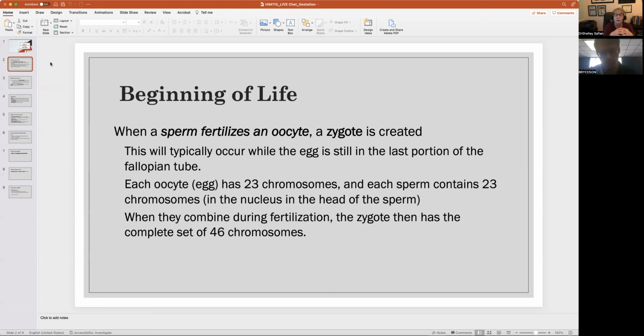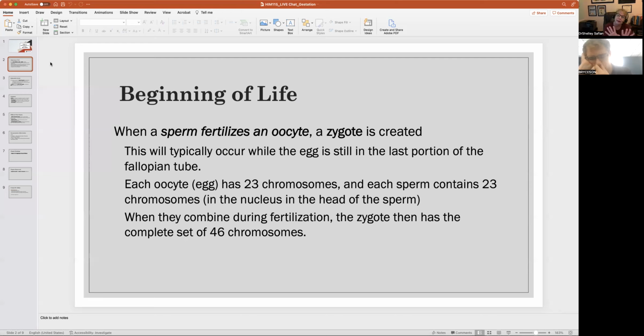Okay, this typically happens in the lower portion, the distal portion of the fallopian tube. So Mr. Sperm swims all the way from the vagina through the uterus and up into the fallopian tube, and the egg is released from the ovary into the top of the fallopian tube, and they meet in the middle.